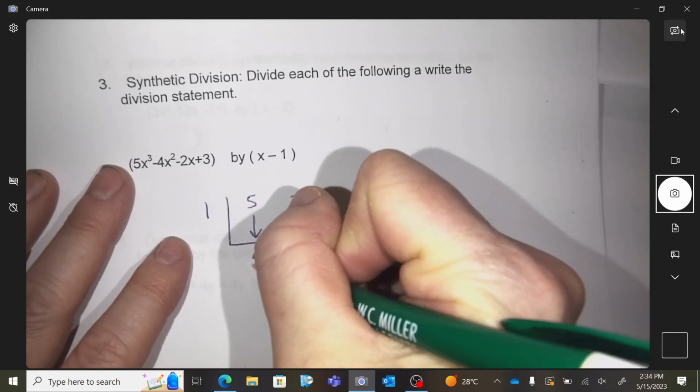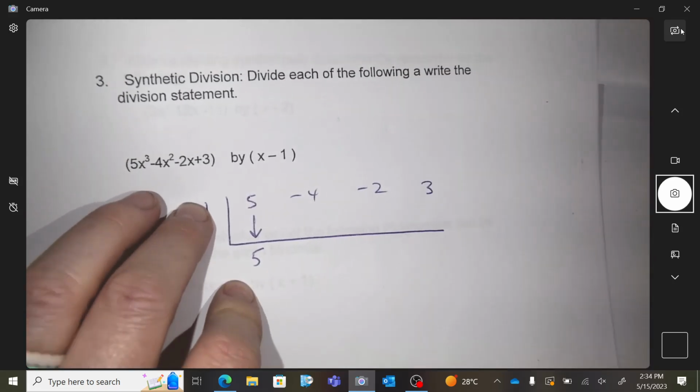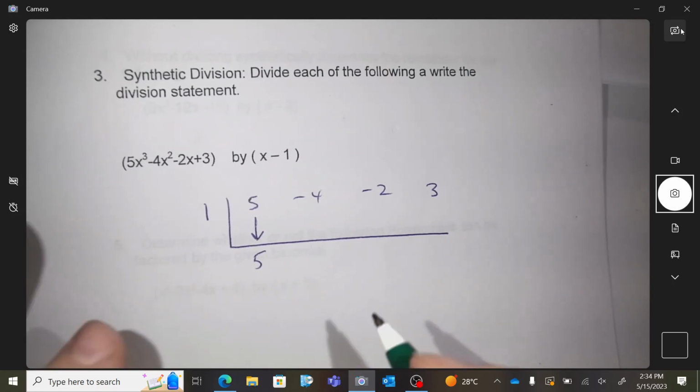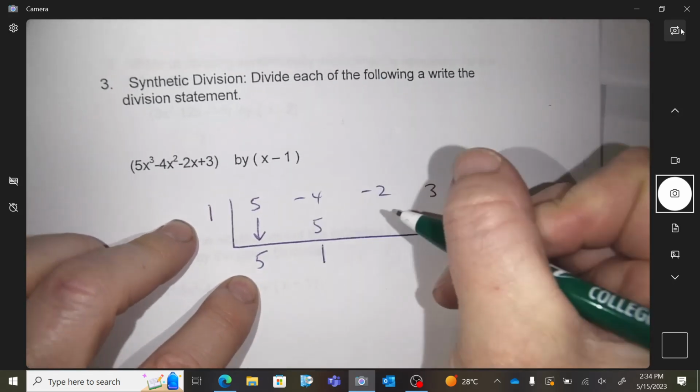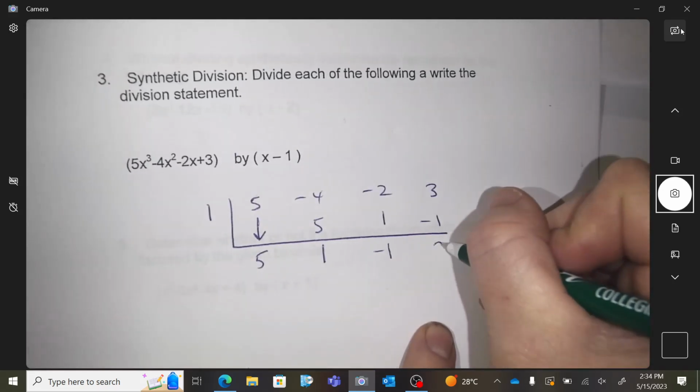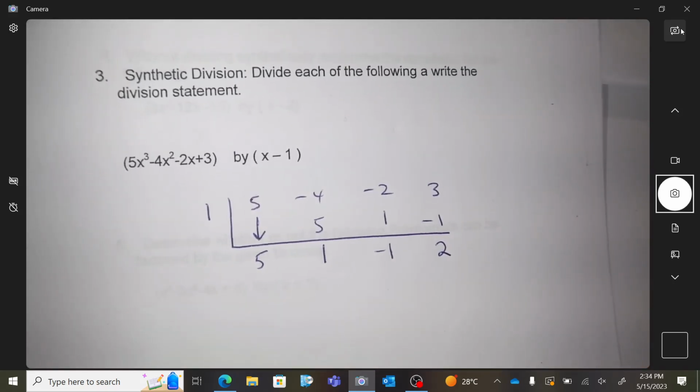Bring down the first. Diagonal times, add down. Diagonal times, add down, right? Yeah, so that's fine then.